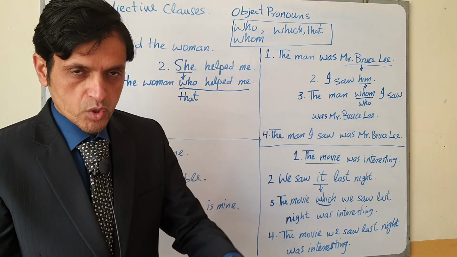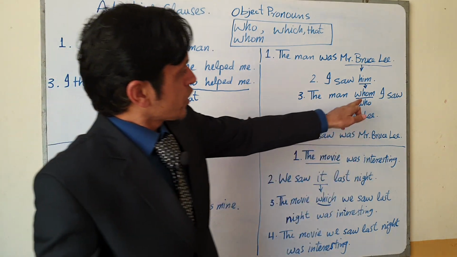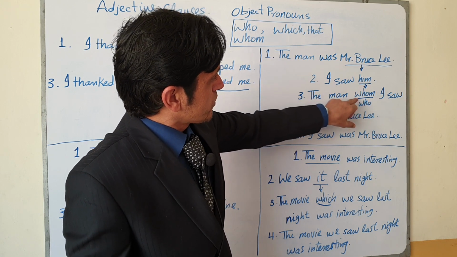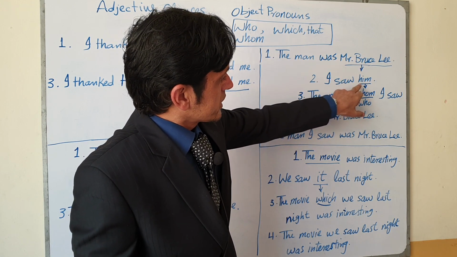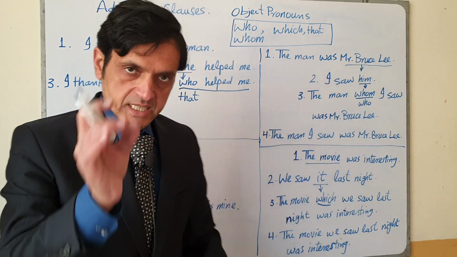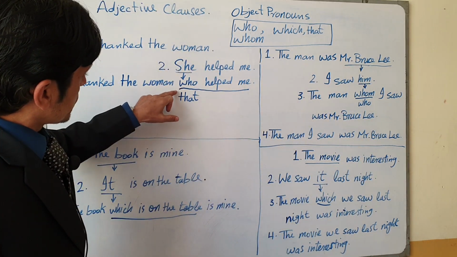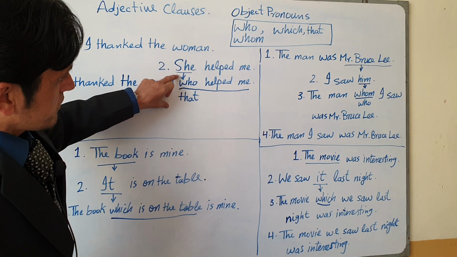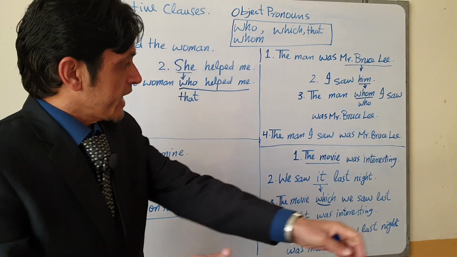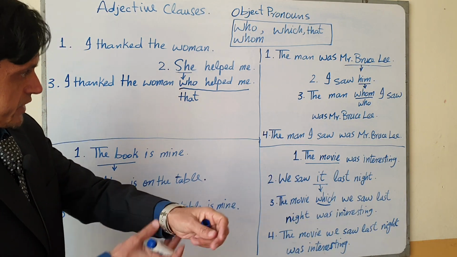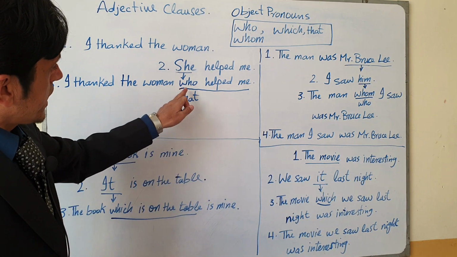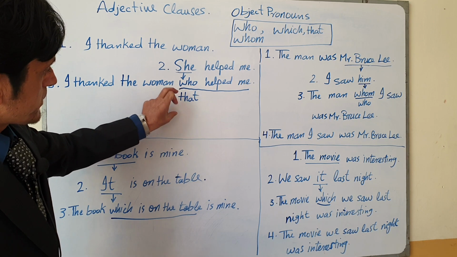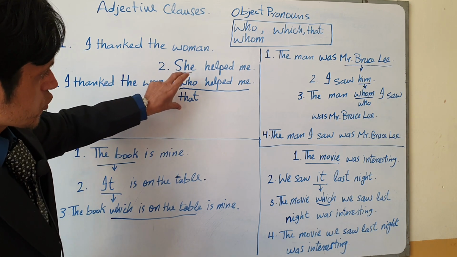Here whom is used to modify this noun in the objective case, but here who modifies this woman in the subjective case. And now what is the logic of this? Here we cannot omit this who from this structure.